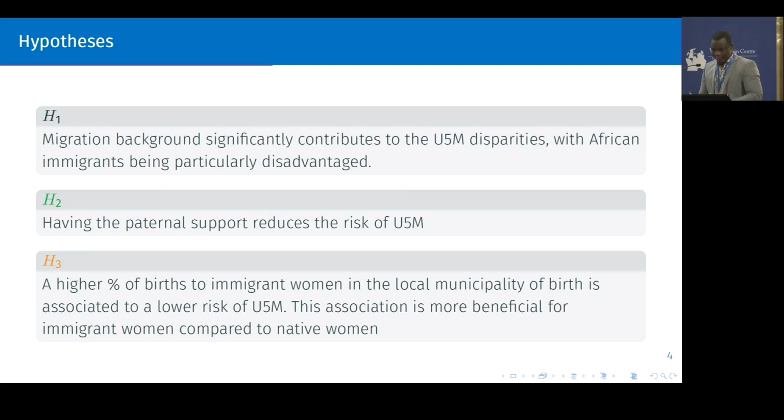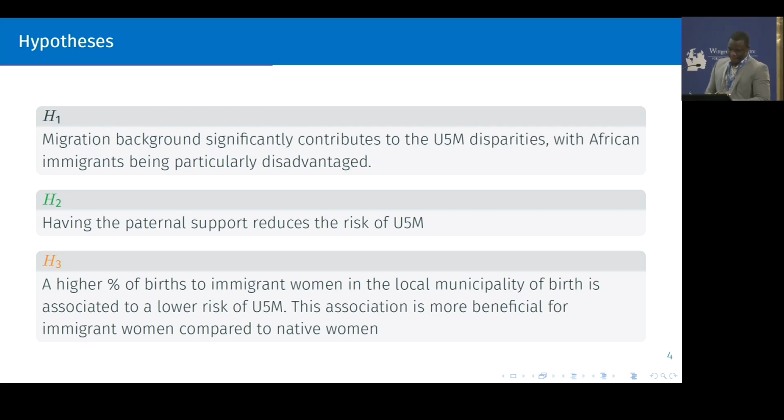Based on the previous literature review, we retain 3 hypotheses. The first one suggests that migration background significantly contributes to under-5 mortality disparities, with African immigrants being particularly disadvantaged.